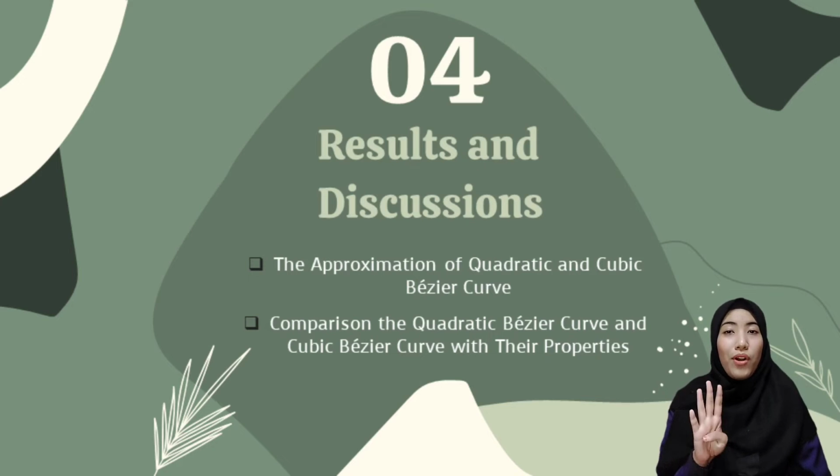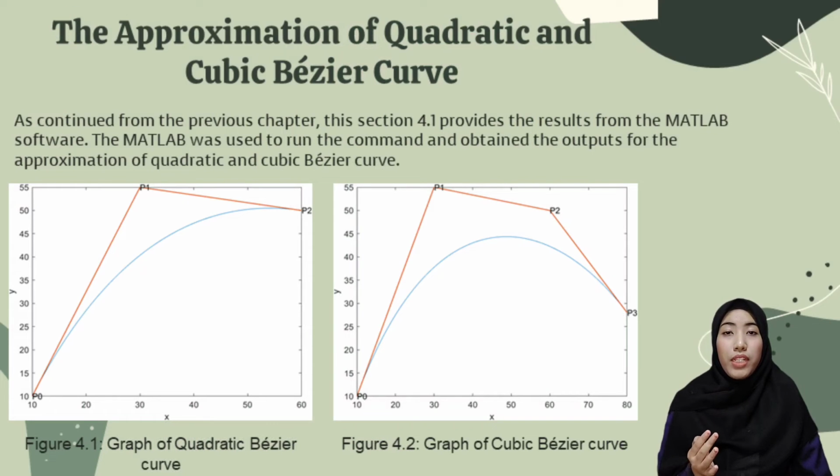Now in Chapter 4, I will present the results and discussions. As continued from the previous chapter, section 4.1 provides the results from the MATLAB software. MATLAB was used to run the commands and obtain the outputs for the approximation of the quadratic and cubic Bezier curve. As shown in Figure 4.1, there are three control points needed for the quadratic Bezier curve, which are P0, P1 and P2.